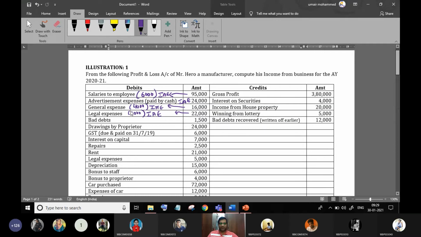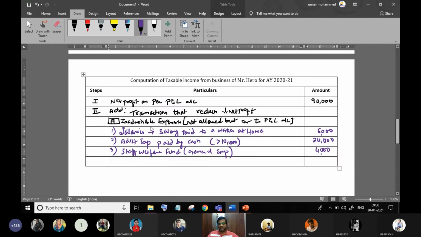That advice cost him a fee of 1,000 rupees, which is included in the overall amount. So this 1,000 rupees is inadmissible because it is related to a personal case. So we'll write here legal expenses, personal case, 1,000 rupees inadmissible. So point number 4, legal expenses, in brackets, personal case.